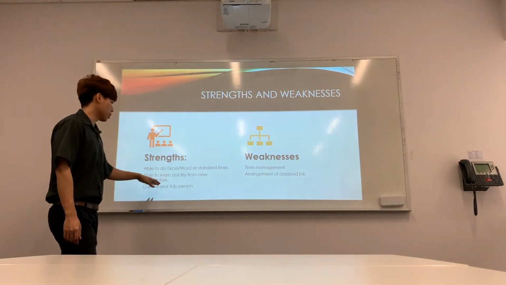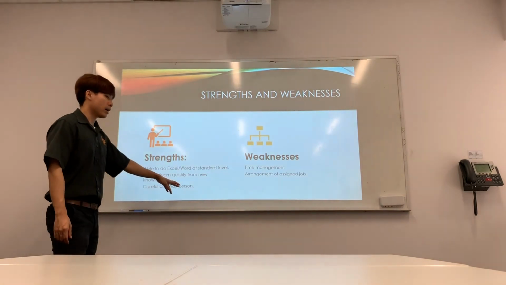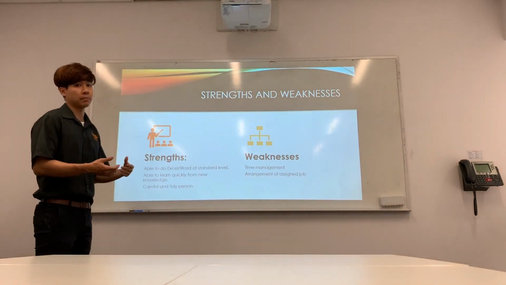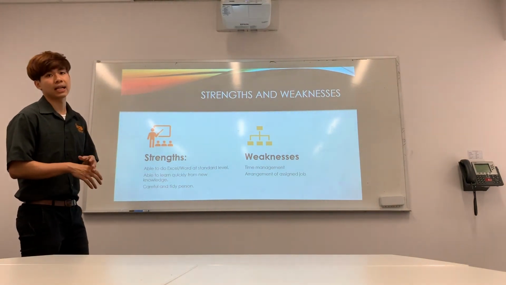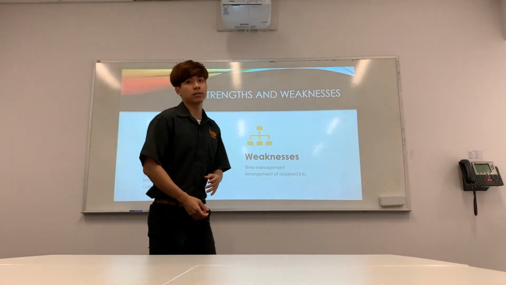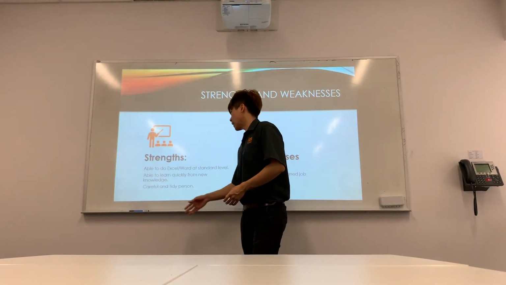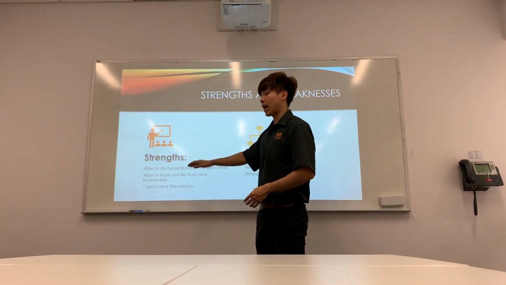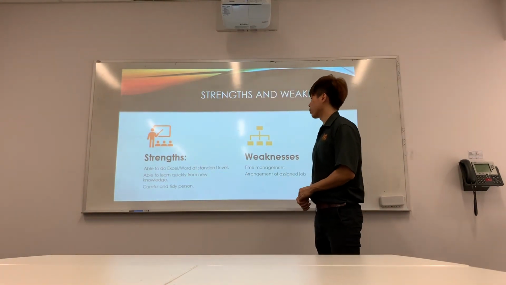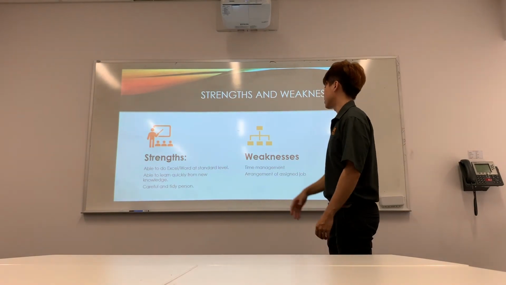This is really crucial for an accountant, because if we're not careful and we make some mistakes when we generate tax, it's going to be really, really risky for the client, because if we don't do an accurate tax return, it's going to be trouble. And the next one is the weaknesses.